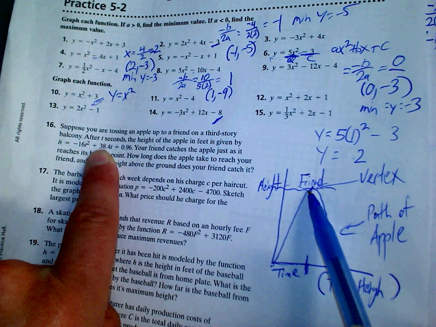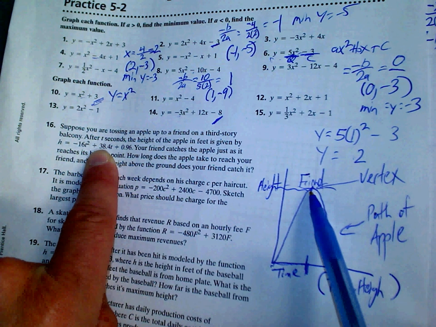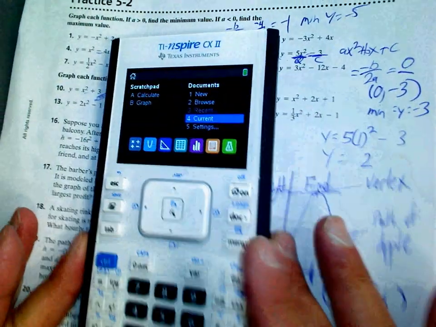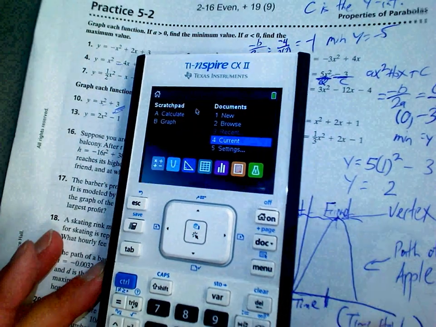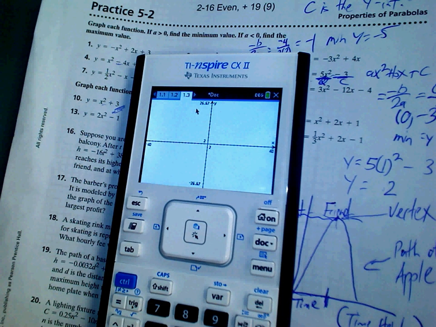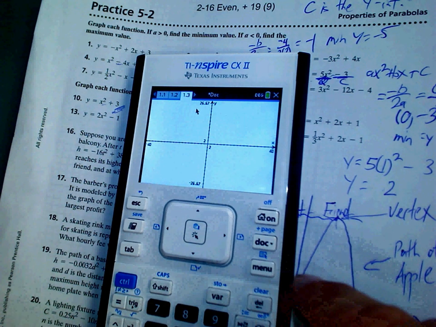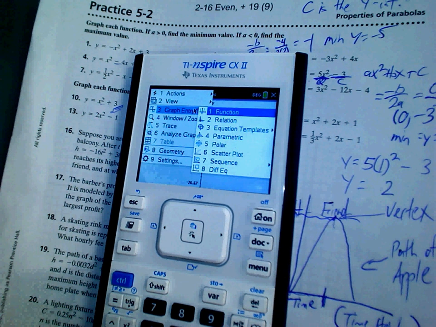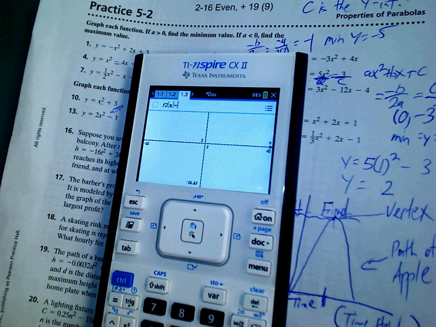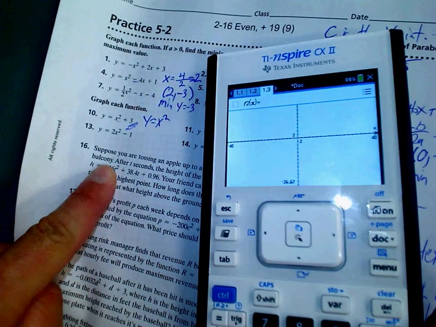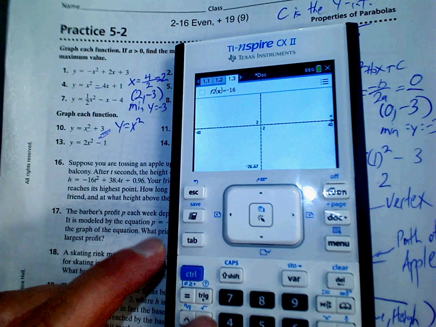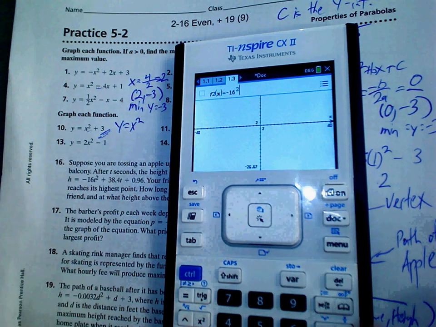Let's try it. Grab your calculator. Go to a graph. Menu. Graph entry. Function is fine. And type in said function. That's a negative 16. I'm just going to use x squared, okay?